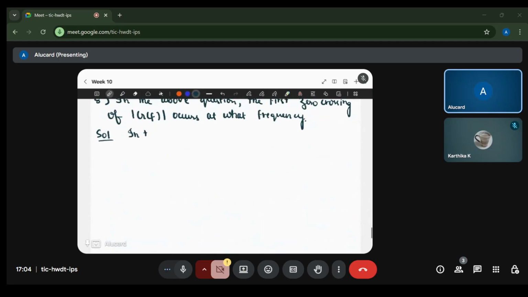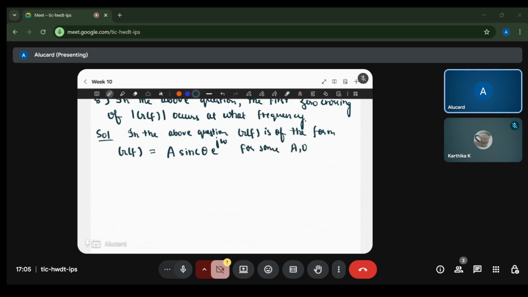In the above question, G of f is of the form a sinc theta e power j omega for some a, theta and omega.